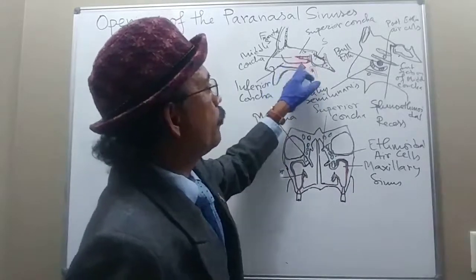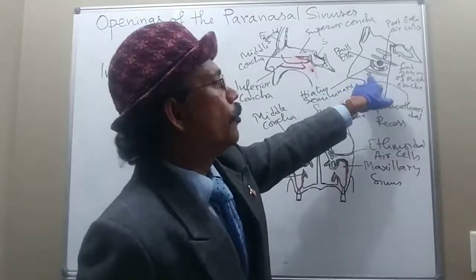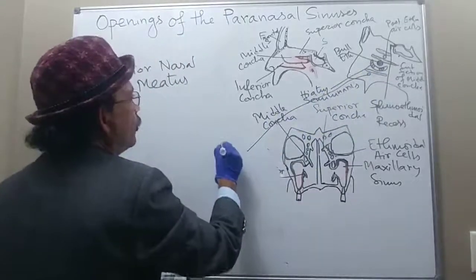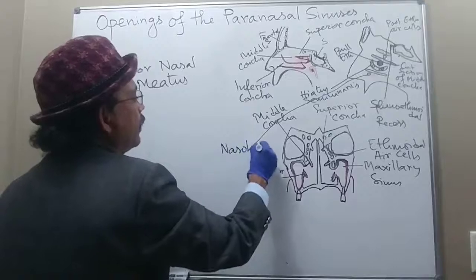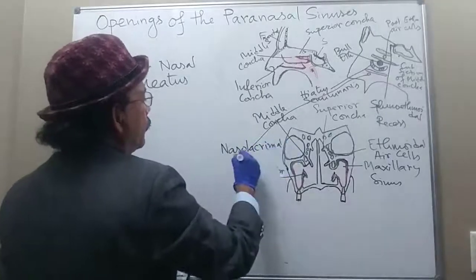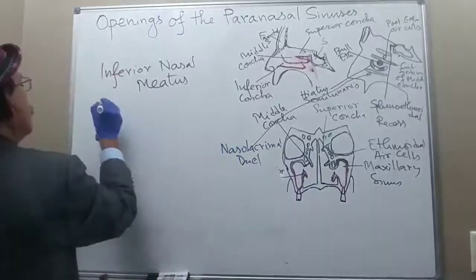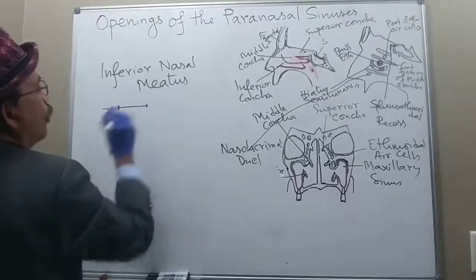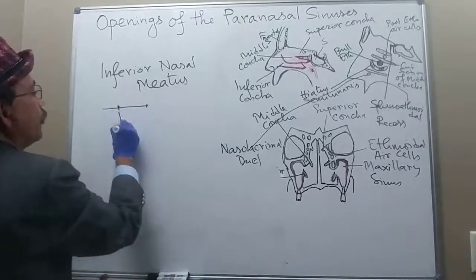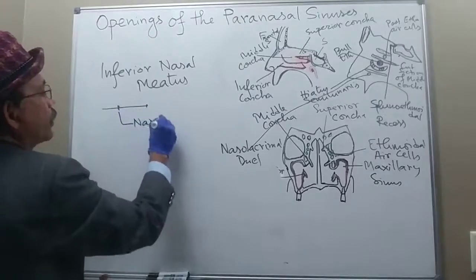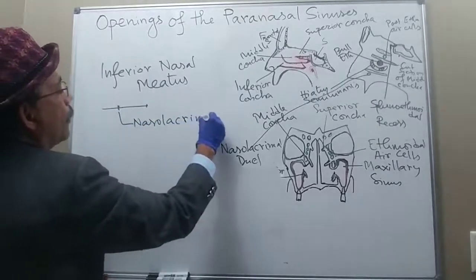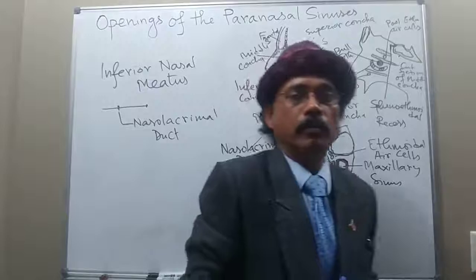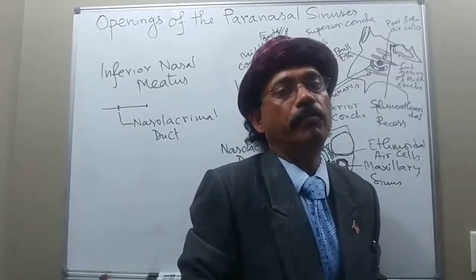At the junction between the anterior one-third and posterior two-thirds of the inferior nasal meatus, here is the opening for the nasolacrimal duct. Okay. We got the nasolacrimal duct opening into the inferior meatus of the nose.